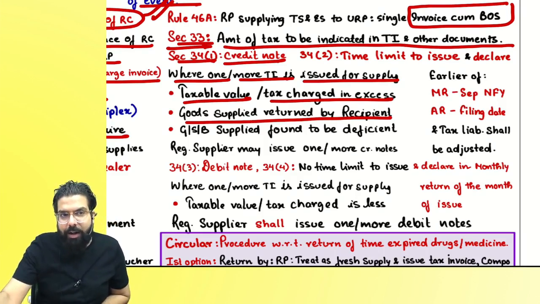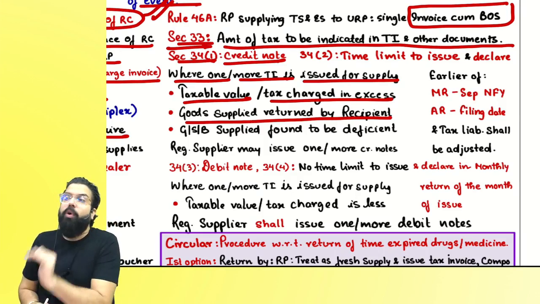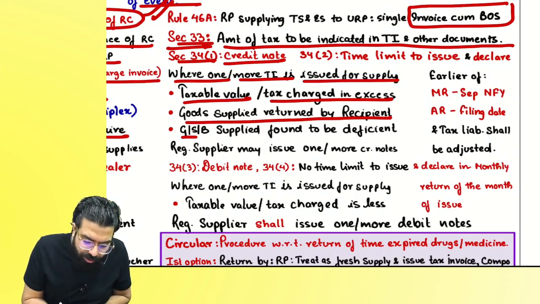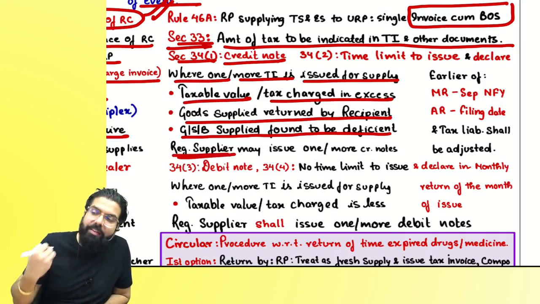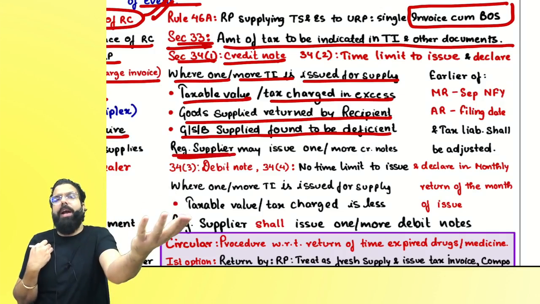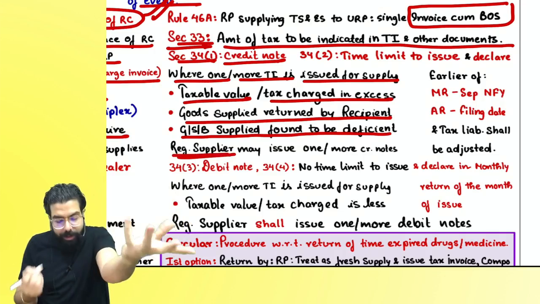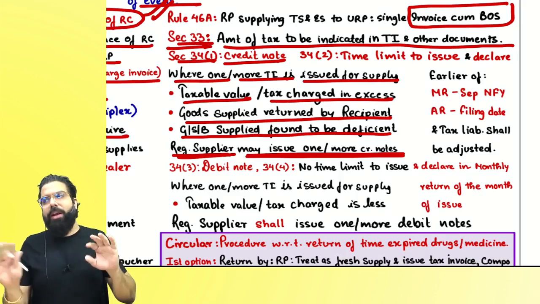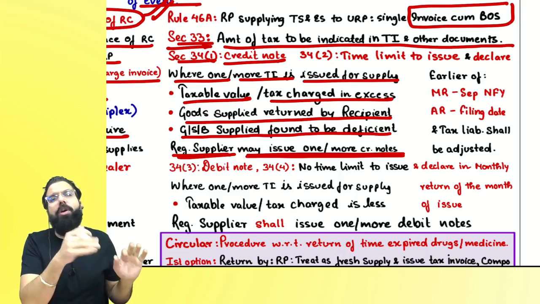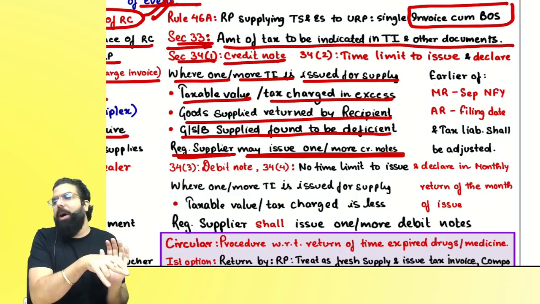Services can't be returned. I'm teaching you. Can you return? No. Goods are being returned, or goods, services or both supplied are deficient. In that scenario, whoever is the registered supplier can issue what? Credit note, and one or more credit notes can be issued. So for one invoice there can be multiple credit notes. For multiple invoices, there can be one credit note.